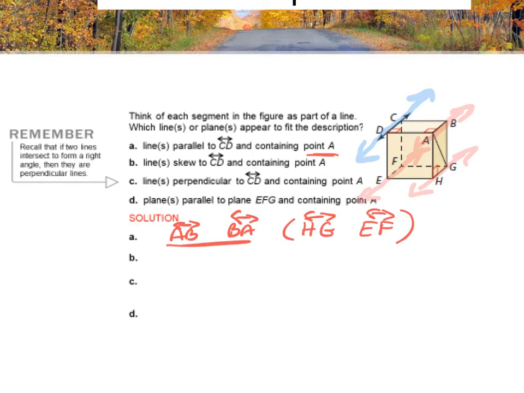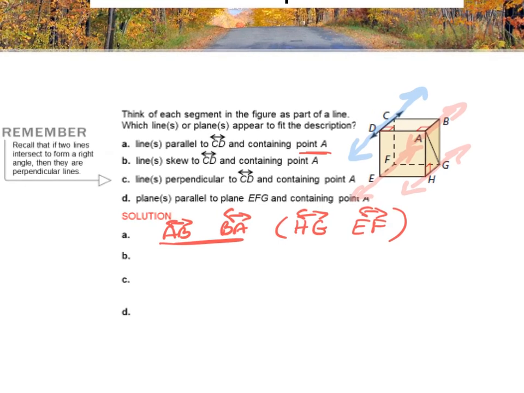For part B, it wants lines skew to CD containing point A. So let me erase some of these red ones. I'm going to leave the blue one because that's my CD. Again, remember, skew is not going to intersect it and it's not parallel. So an example of a skew line to CD could be AG.